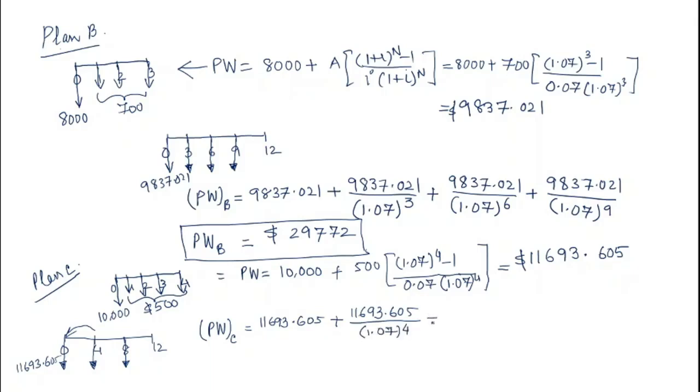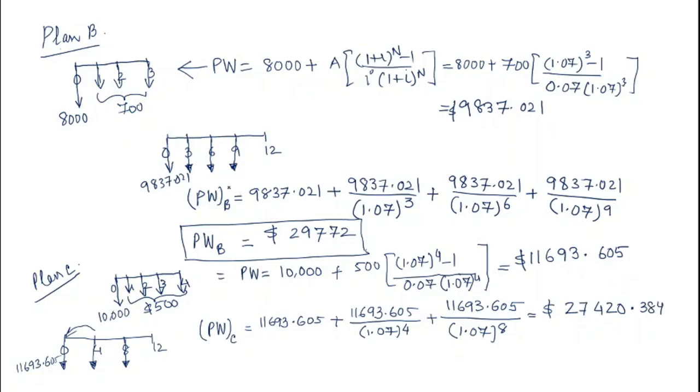Then we have another term for the transaction at the end of the 8th year, so it will be 11,693.605 divided by 1.07 to the power 8. If I compute the numerical value of this, it comes out to be $27,420.384.